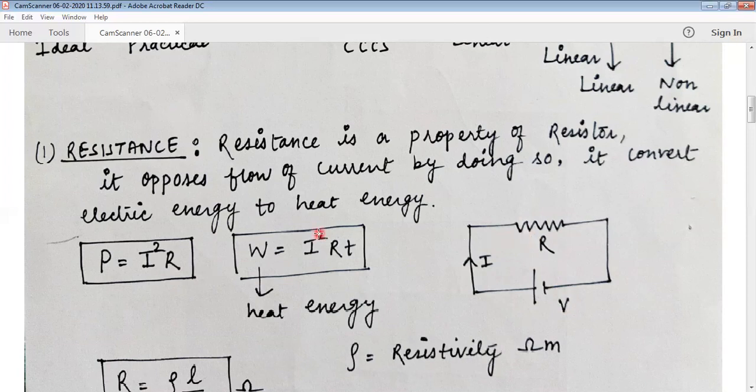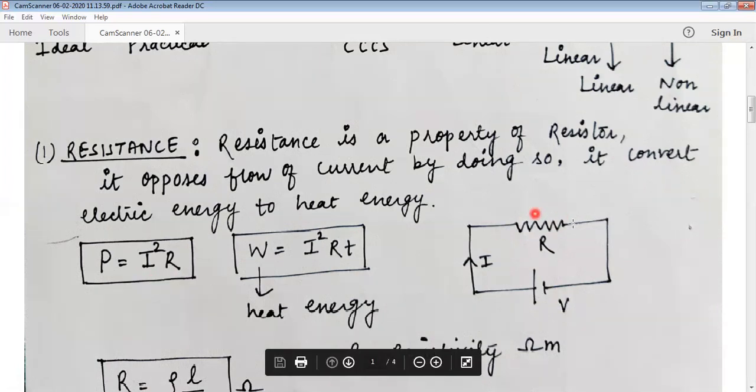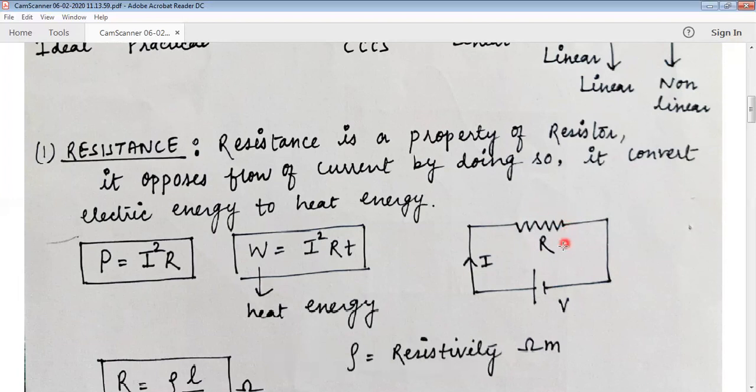That power loss is denoted by P equal to I squared R. After some time, that electrical energy is converted into heat energy because of the opposition to the flow of current by the resistor. That is given by I squared R T.